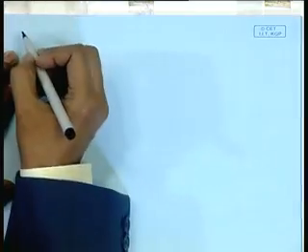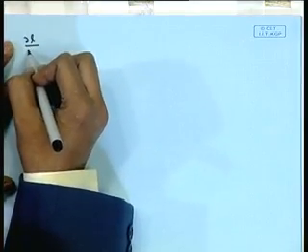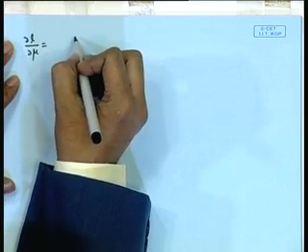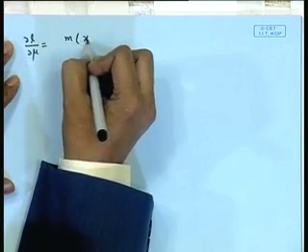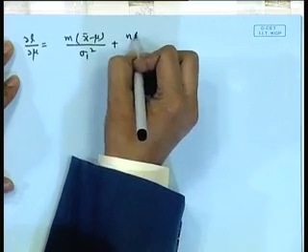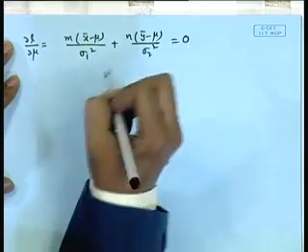So, if we consider the likelihood equations, the equations are del L by del mu is equal to 0, that gives us m (x bar minus mu) by sigma 1 square plus n (y bar minus mu) by sigma 2 square is equal to 0.